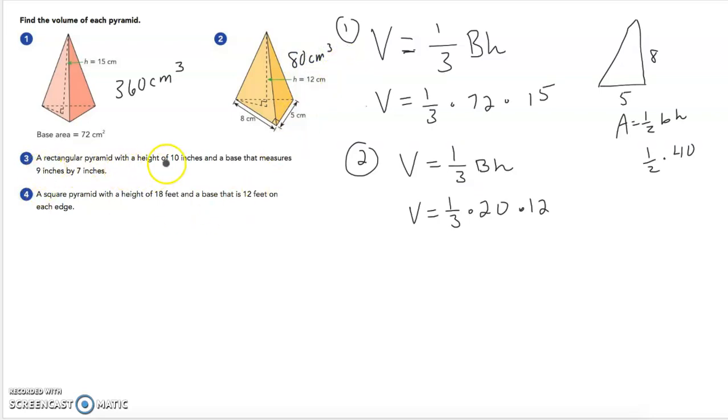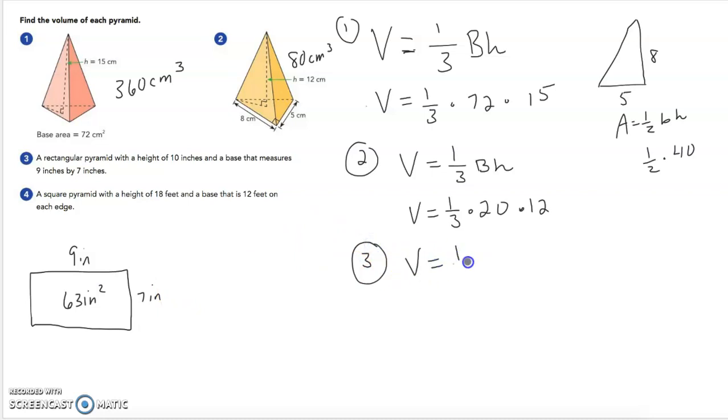Number 3, a rectangular pyramid with a height of 10 inches and a base that measures 9 by 7 inches. So the base of this rectangular pyramid is 9 by 7. It's a rectangle, so the area is 63 inches squared, because to find the area of a rectangle, I'm just doing length times width. So the formula's volume equals 1/3 area of the base times height.